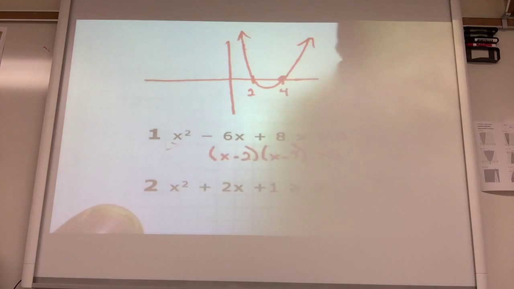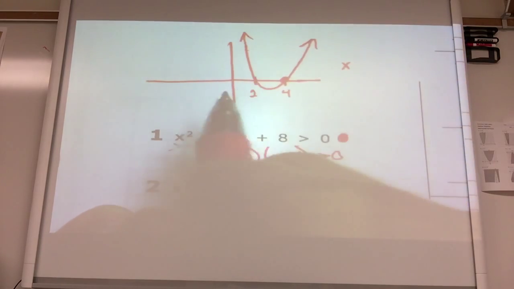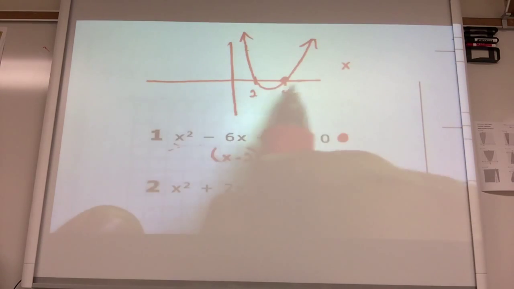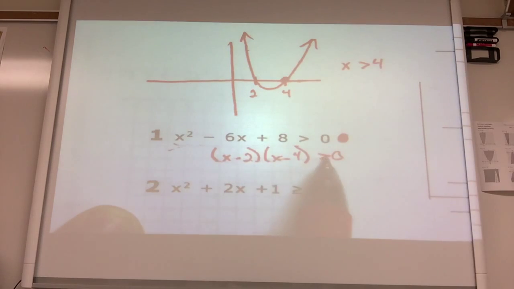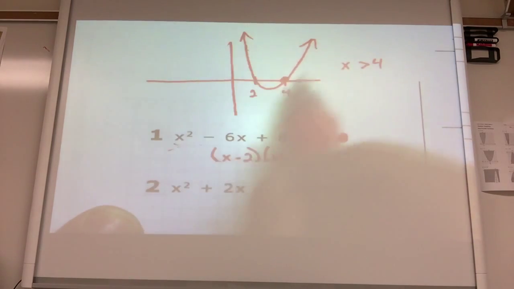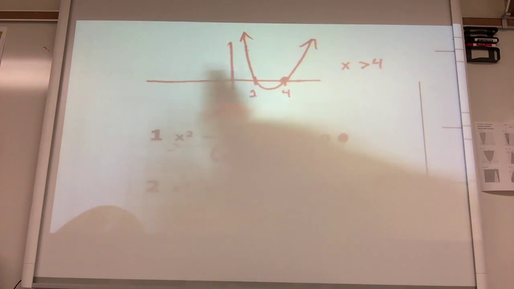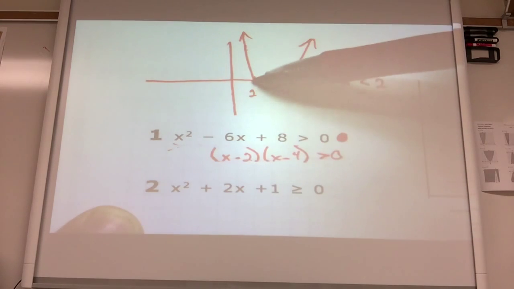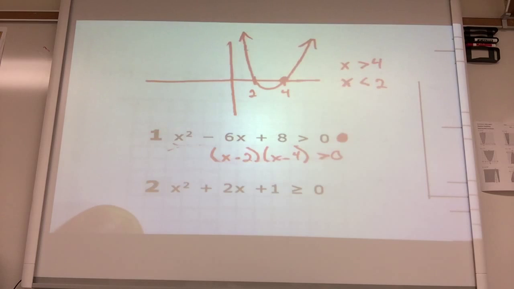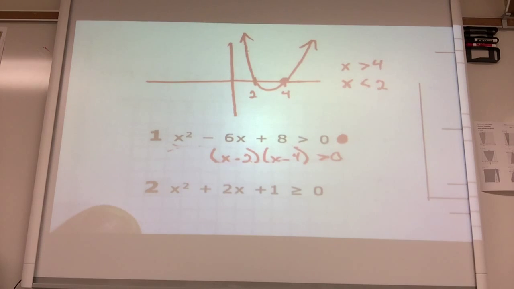So when the x values, remember x values are running this way, when the x value is anything bigger than 4, when x is bigger than 4, this quadratic is bigger than 0. And when x is anything less than 2, my quadratic is bigger than 0.